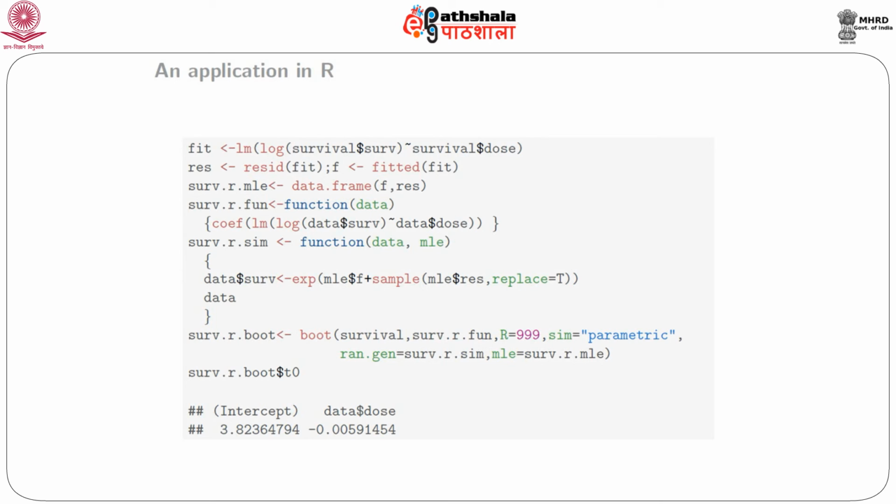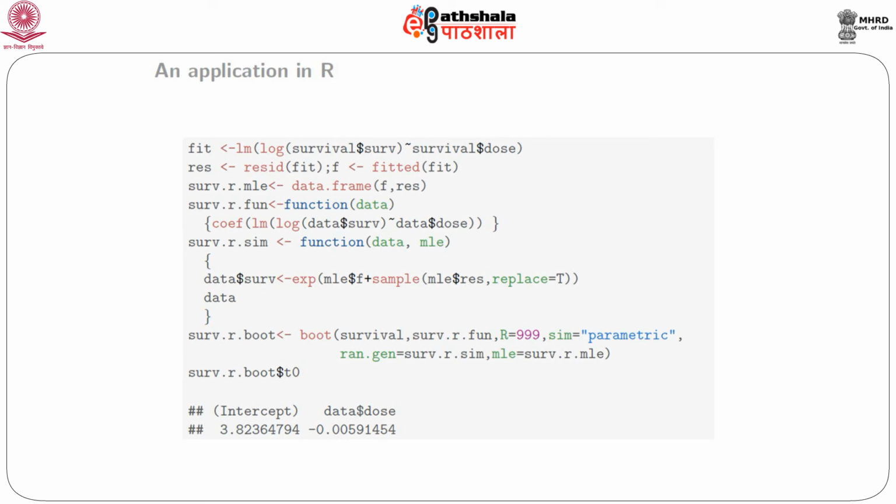And the simulation function here is function(data, mle). So, what happens is we are now creating this surf value by taking the fitted value and then resampling the residuals with replace equal to TRUE.